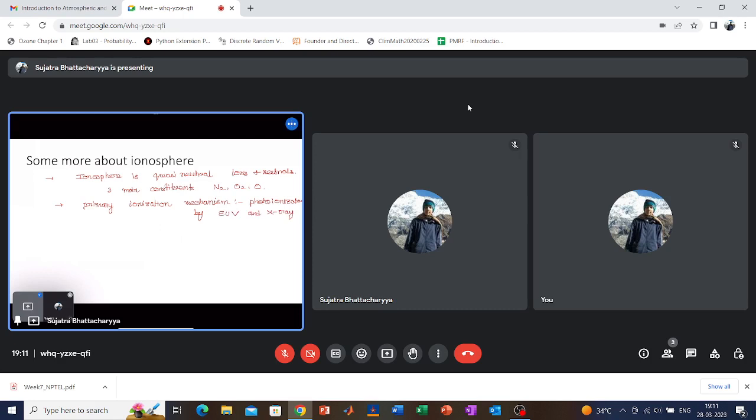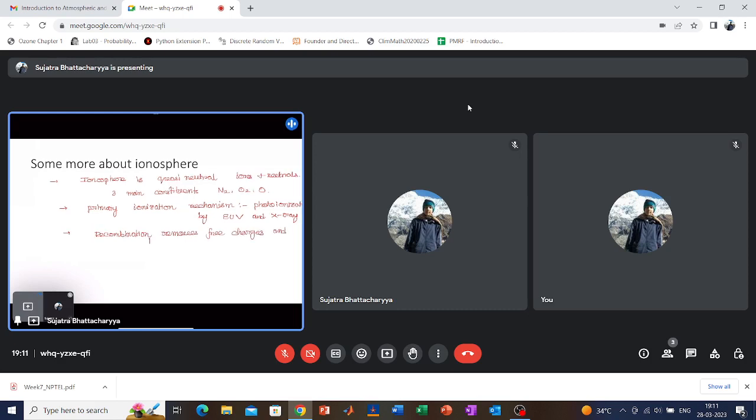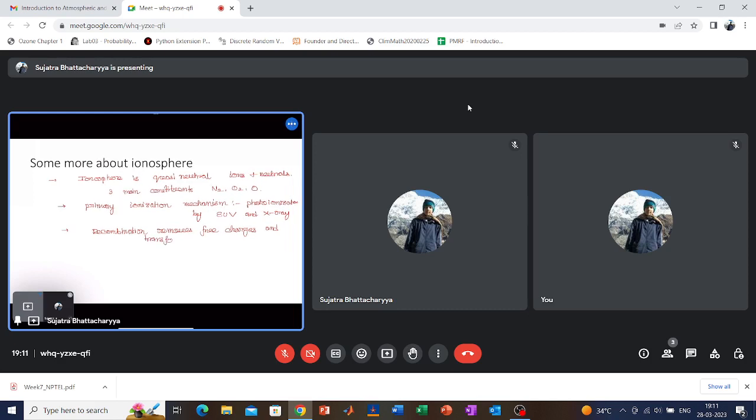And another process which is the recombination. I will talk about what that recombination reaction is just after this. This recombination removes free charges and transforms ions to neutral particles.